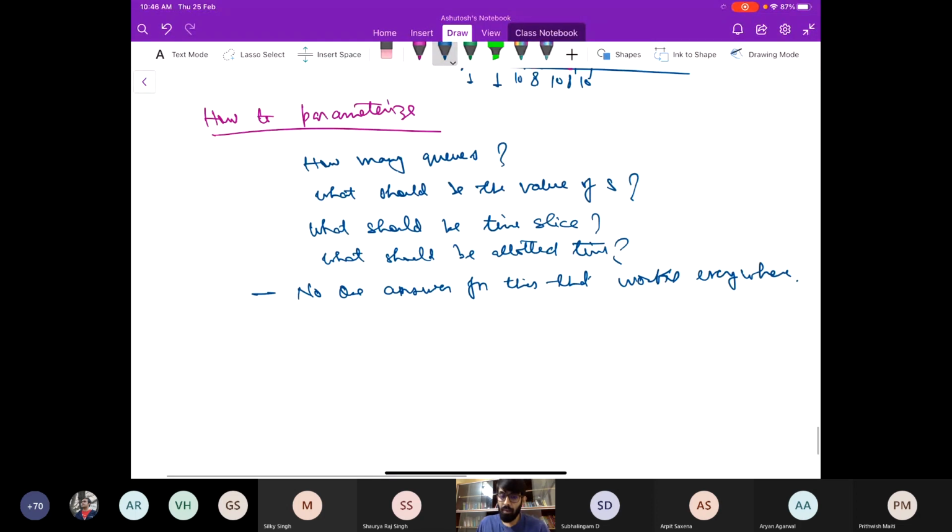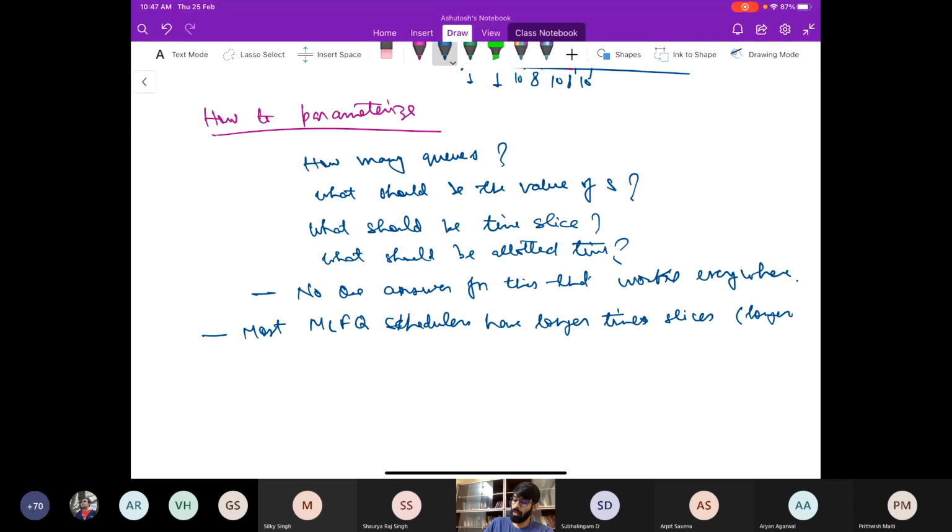But there is one thing that most MLFQ schedulers implement, and that is to have longer time slices and longer allotted time for lower priority queues.